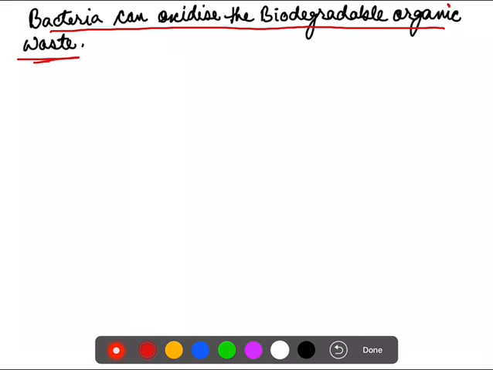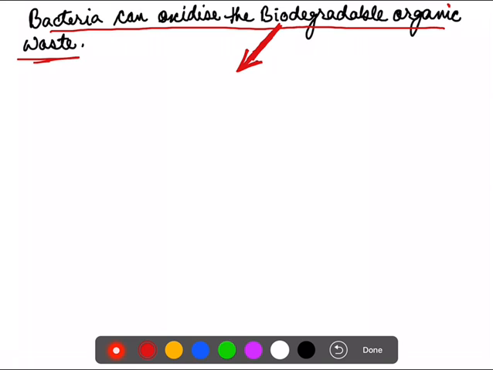Now, though bacteria can eat the biodegradable organic impurities, the important thing is dissolved oxygen.